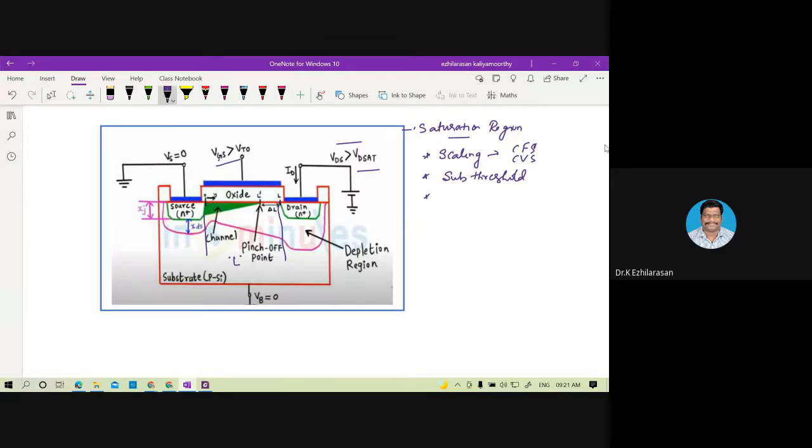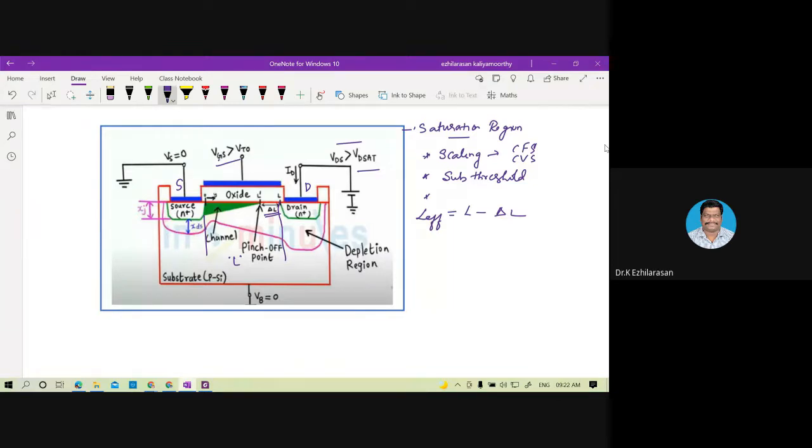Now during the saturation region, what happened? The channel will be pinched off. This will change by del L. So as I mentioned here, the effective length will be L minus del L. Here, you can see this is your source side and this will be your drain side. The width of the depletion region in the source side is less than the drain side.